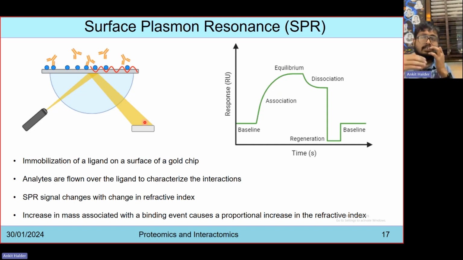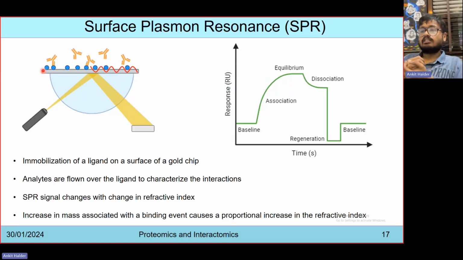SPR, surface plasmon resonance, is about the angle at which the particular thing resonates and we get a signal out of it, and the reflection comes back to the detector. For example, if we have our ligand on this gold chip, and we are giving the analytes at a certain flow rate and keep adding the flow over this ligand to characterize the interaction, this SPR signal will change with the refractive index.